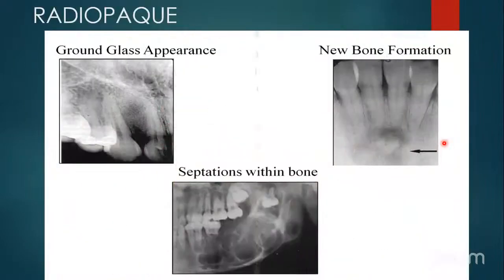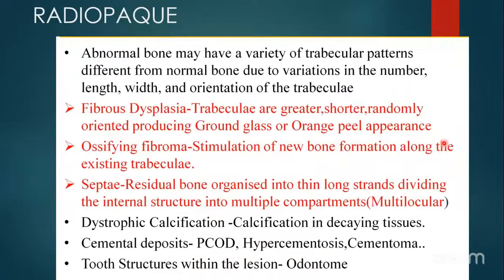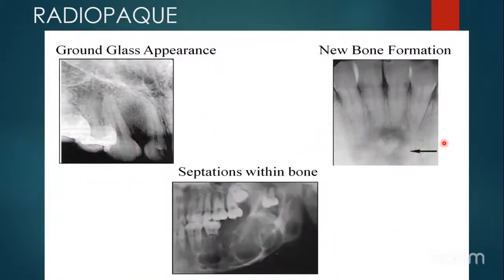Okay, so radiopaque and radiolucent, if you see, these are the different types of radiographic appearances that we have to remember. Ground glass appearance we see in case of fibrous dysplasia, and you can see the presence of new bone formation, right? And septations within the bone, most likely to be a dentigerous cyst or an ameloblastoma.